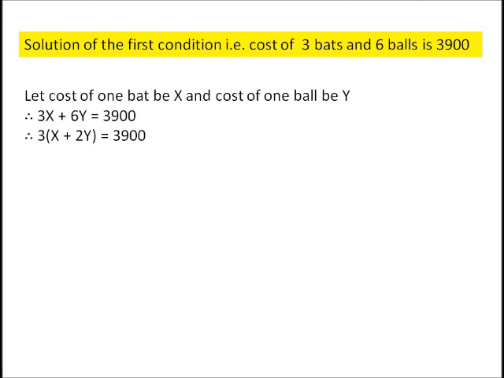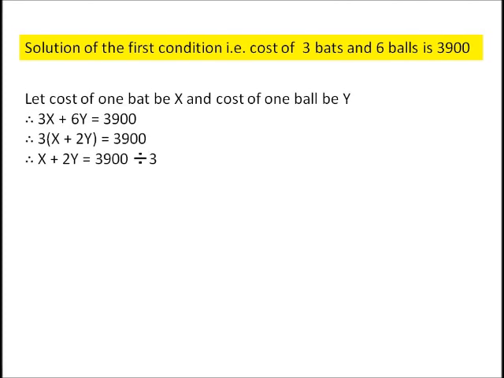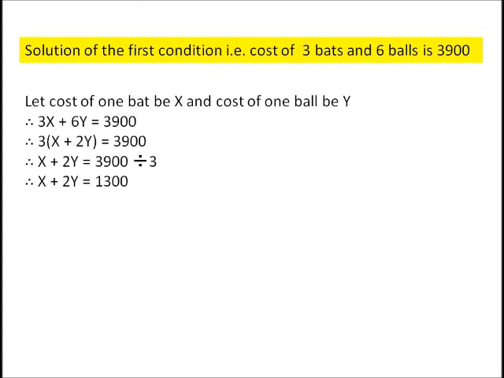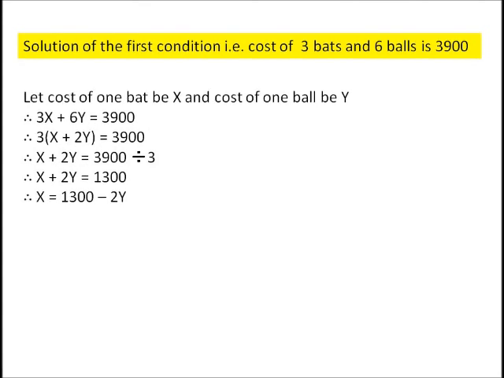Therefore, 3 into within brackets x plus 2y is equal to 3,900. Therefore, x plus 2y is equal to 3,900 divided by 3. Therefore, x plus 2y is equal to 1,300. Therefore, x is equal to 1,300 minus 2y.